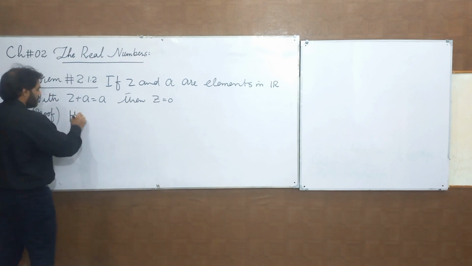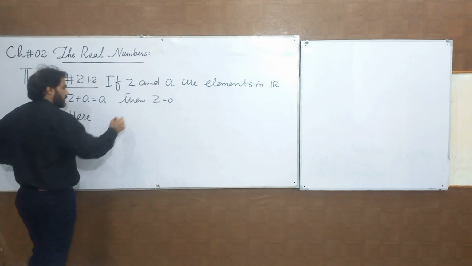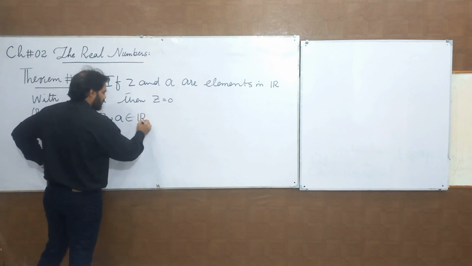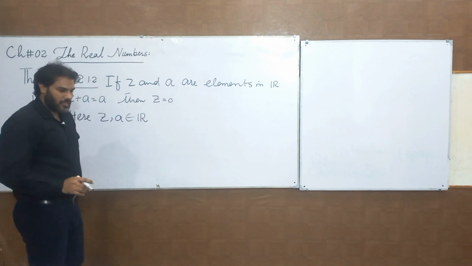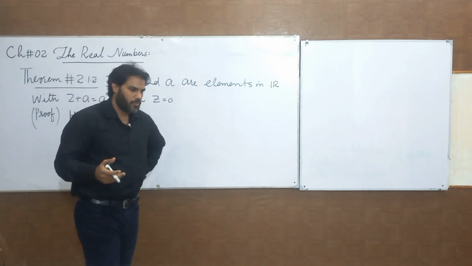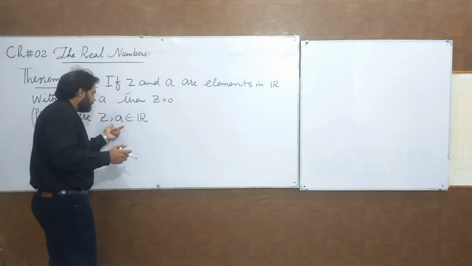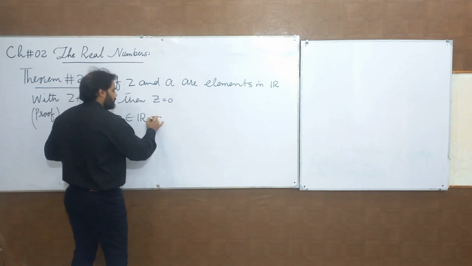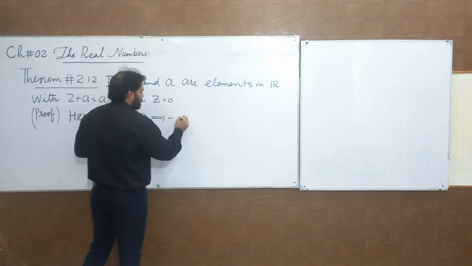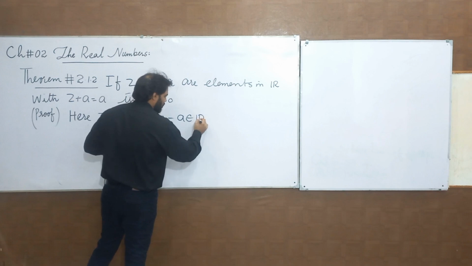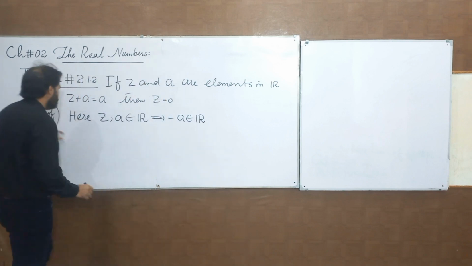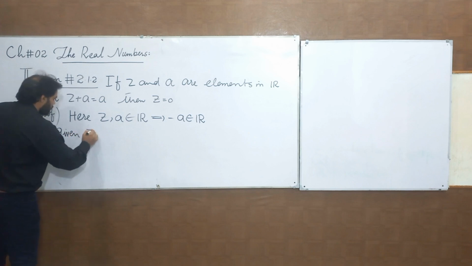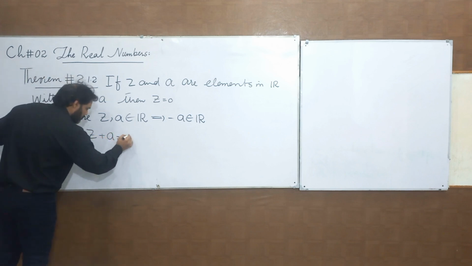Here it is given that z and a both are real numbers. As R is a field, the additive inverse of every element exists in R. This implies if a is in R, then minus a also belongs to R. Now consider the given equation, z plus a is equal to a.